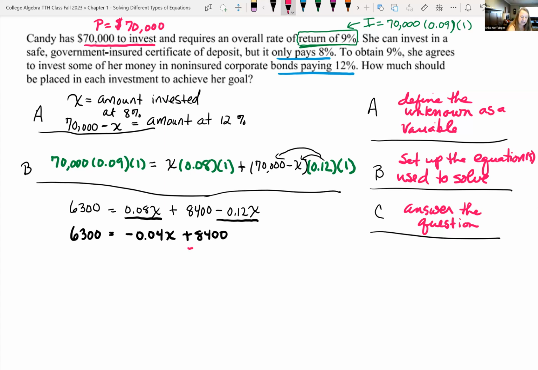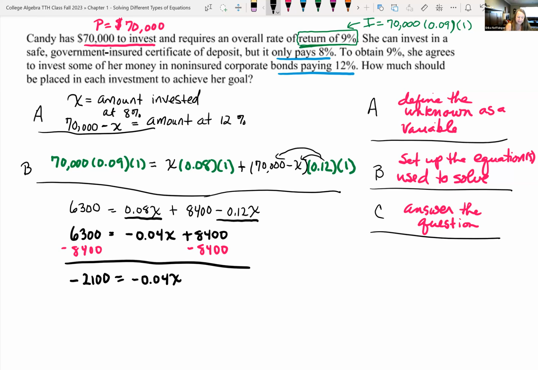So if we subtracted 8,400 on both sides, they're opposite signs, so subtract 8,400 from 6,300. And that would give us negative 2,100 is equal to negative 0.04x.